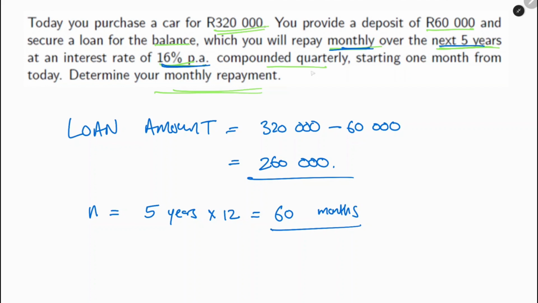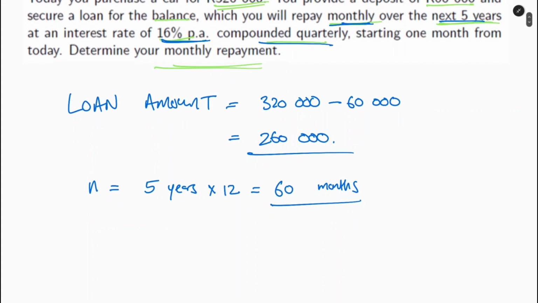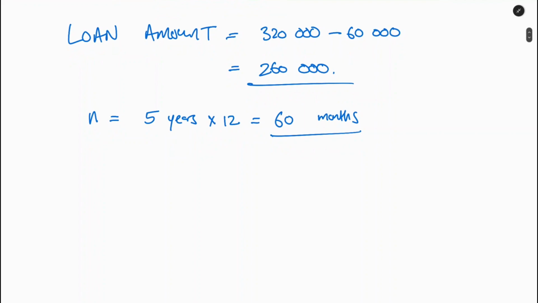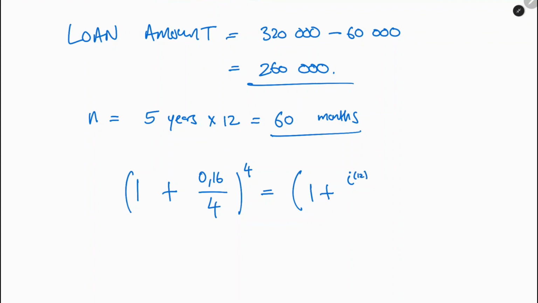Interest rate of 16% per annum compounded quarterly. So we need to find the effective monthly interest rate. So what's the formula we use? Well, we know that 1 plus 16%, divided by 4 compounded quarterly, to the power of 4 is going to equal 1 plus I-12 over 12, to the power of 12.